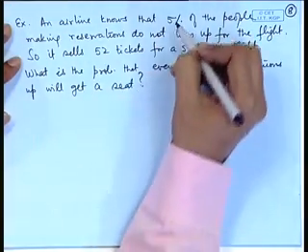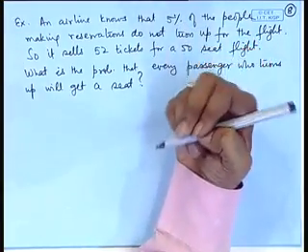So, let us look at this. If a passenger makes a booking, he may not turn up for the flight with probability 0.05 and may turn up for the flight with probability 0.95.